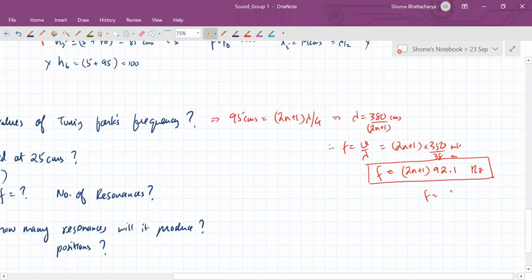Okay, so the frequency can be 92.1 hertz. The frequency can be, and so on and so forth. So this is the answer to the first part.